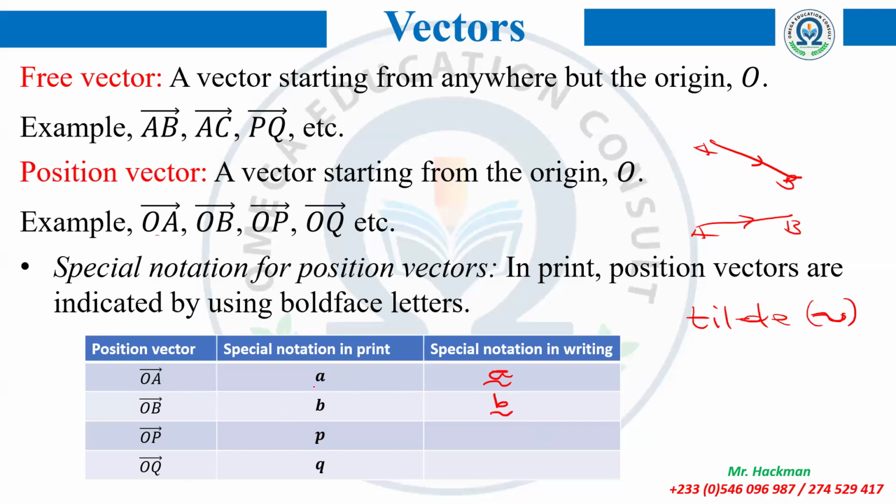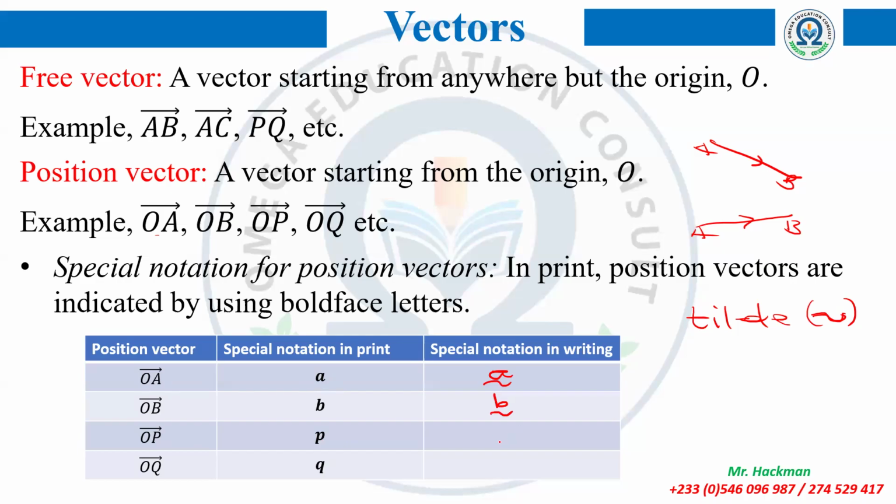Again, if you observe very well, the small letters that you have here are all taken from the non-common point, which is your terminal point. The terminal point is what we use to represent the special notation. Here the terminal point will be P, so small p.